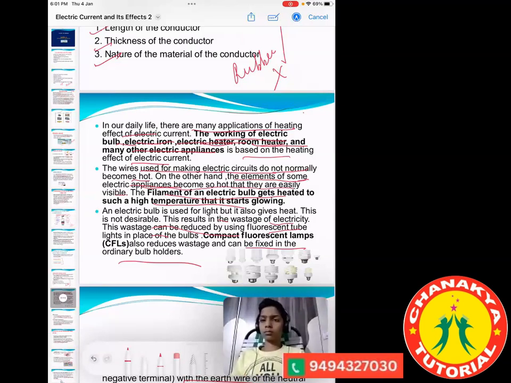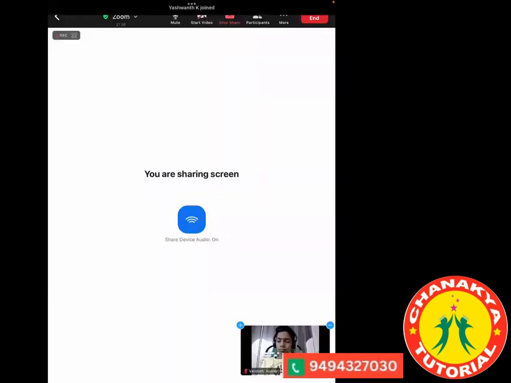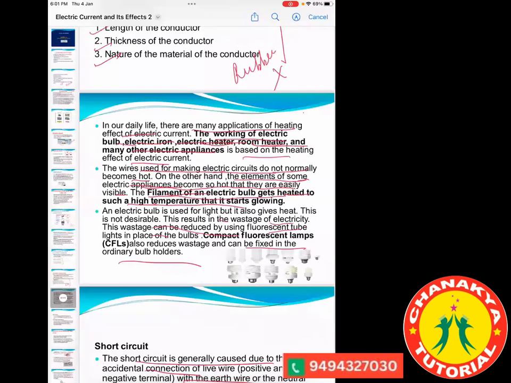Sometimes you might have seen, especially in the geyser, there will be a switch-like thing which becomes so hot, and we'll be able to find that the geyser has become hot. So element can become so hot, get heated to such a high temperature that it starts glowing. So the normal bulb, it starts glowing because its filament gets heated up so easily.